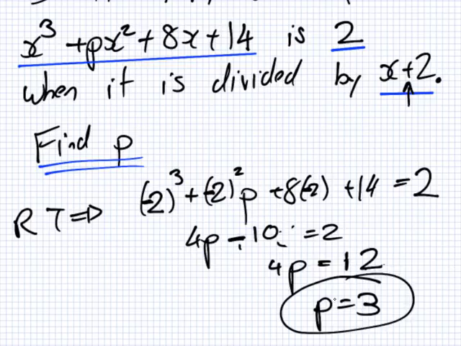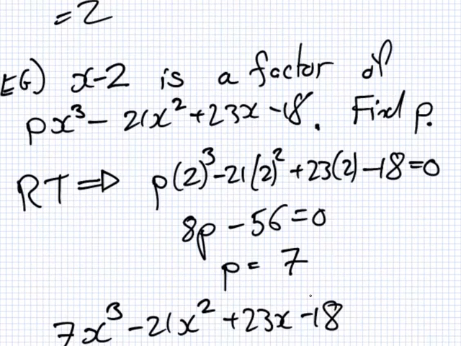That's the p. Okay. Could p be 0 in this one? Yeah, p could be 0 in this one. In the last one, could p be 0? This one? Could p be 0? That's what I said.